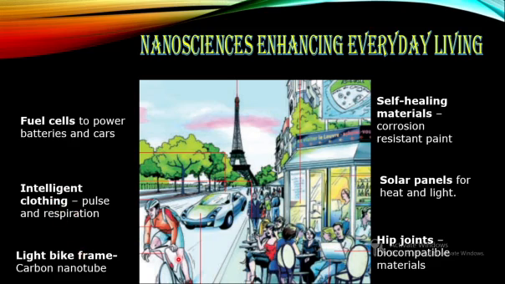And you could have vehicles with very light frames but efficient ones. And you can have biocompatible materials as hip joints and transplants, solar panels for heat as well as light, and self-healing materials which are highly resistant to corrosion.